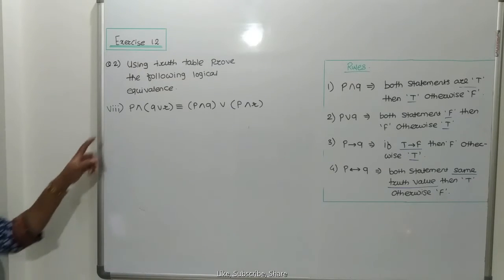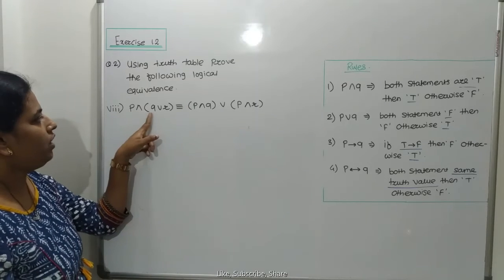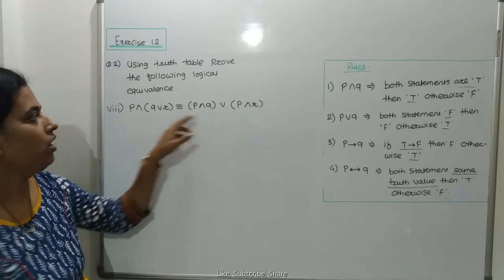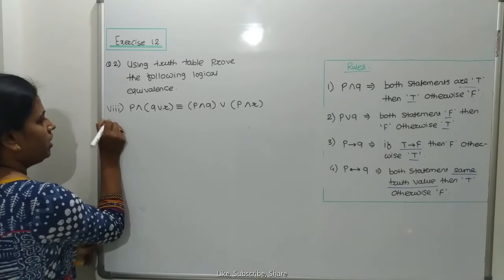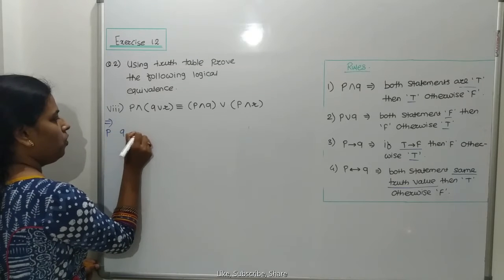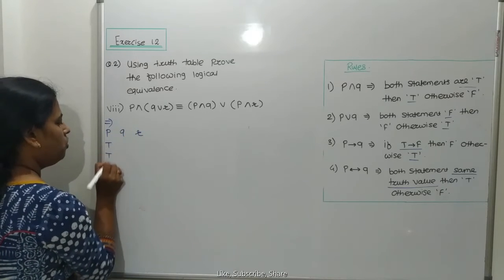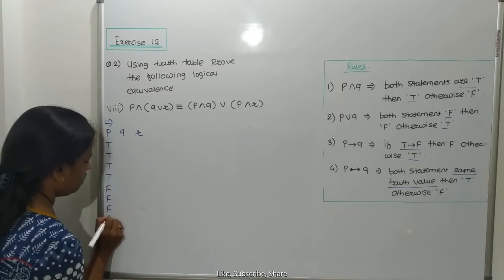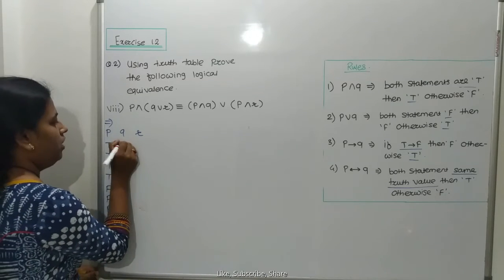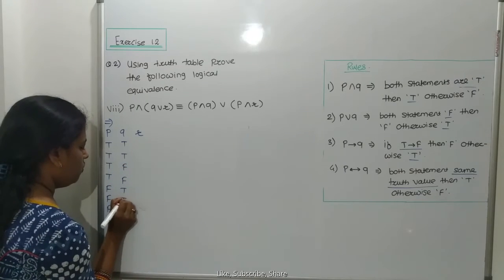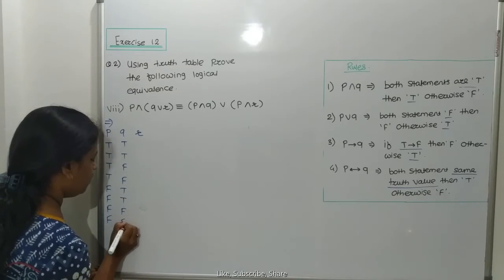Next question, question number 8. P and (Q or R) equivalent to this statement. Okay. So how many statements are there? That is 3 statements. So write down all the possibilities for P, Q, R. So true, true, true, true, false, false, false, false. Then true, true, false, false, true, true, false, false.